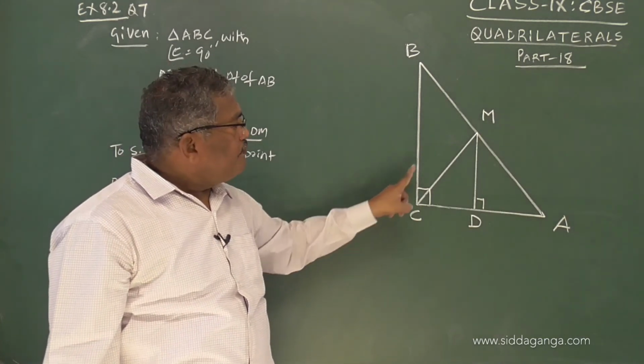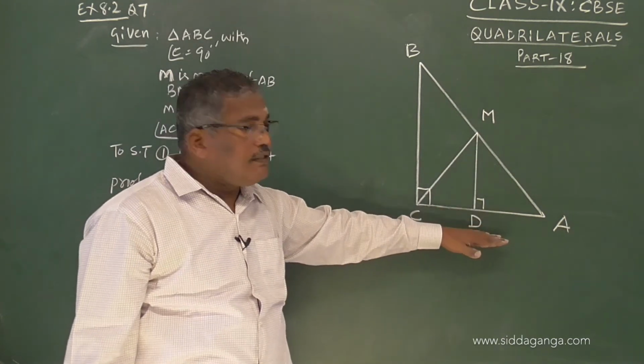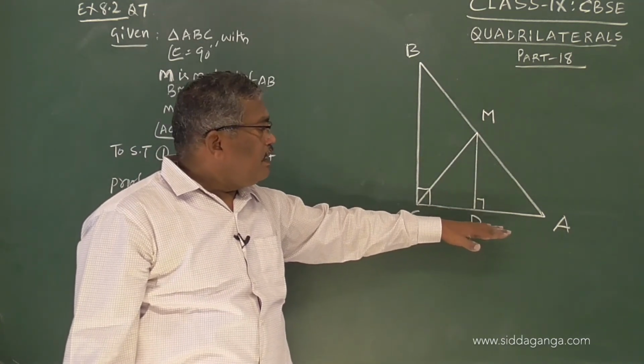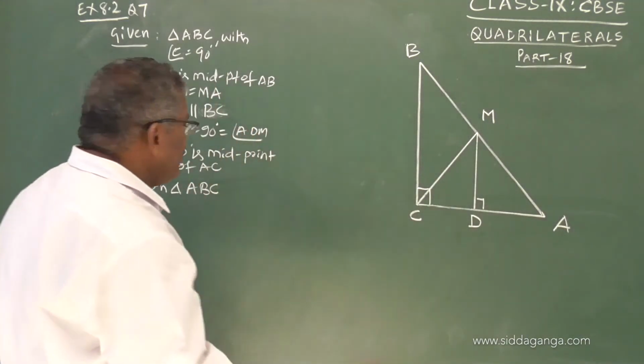So therefore, definitely that line will intersect the third side AC at the middle only. But that is by the converse of the midpoint theorem.